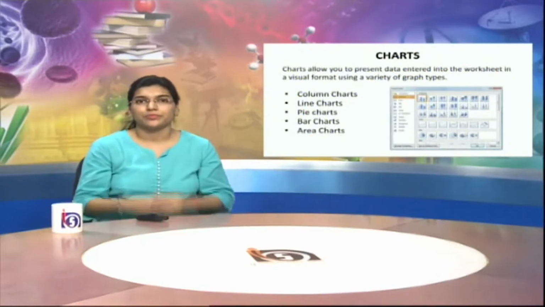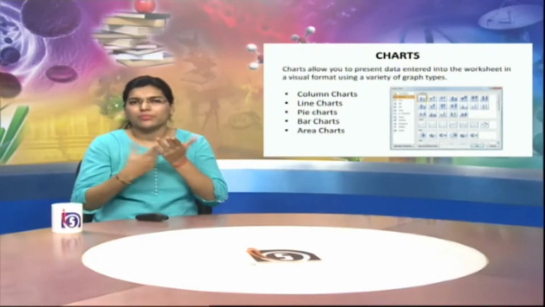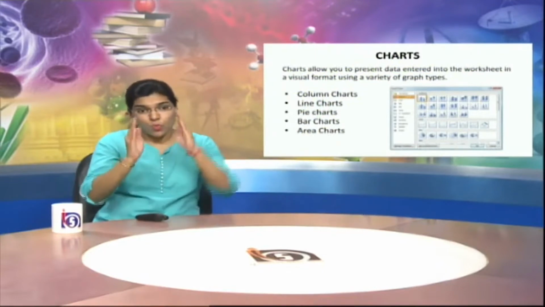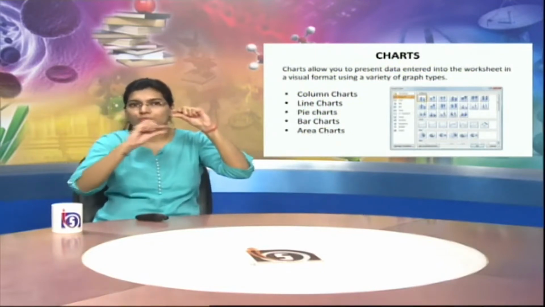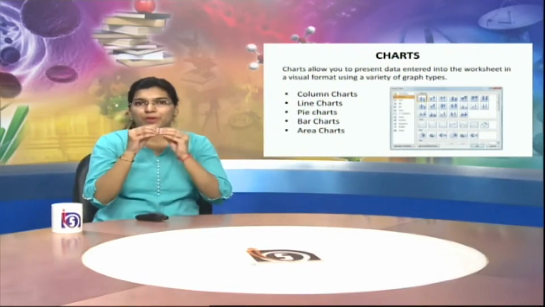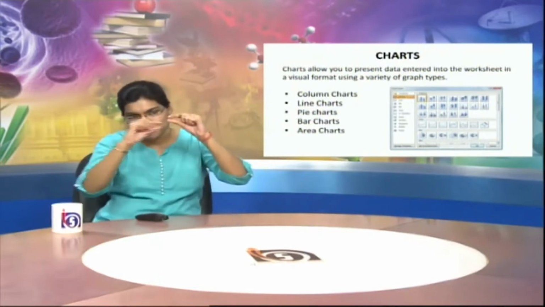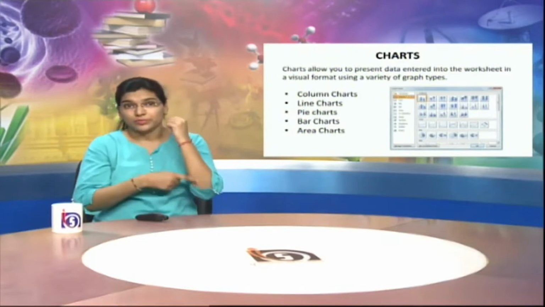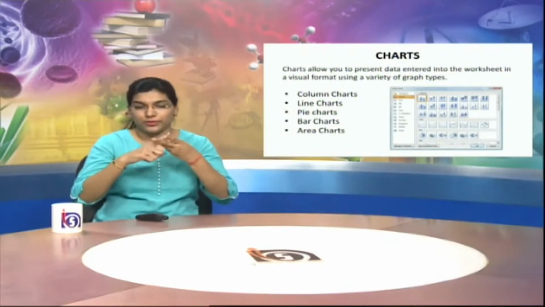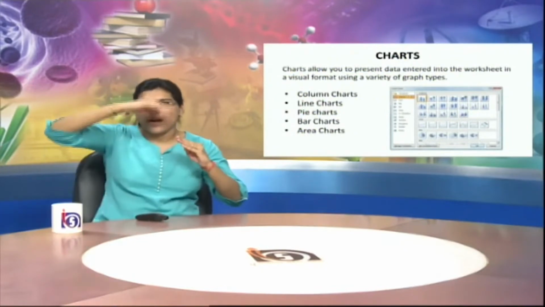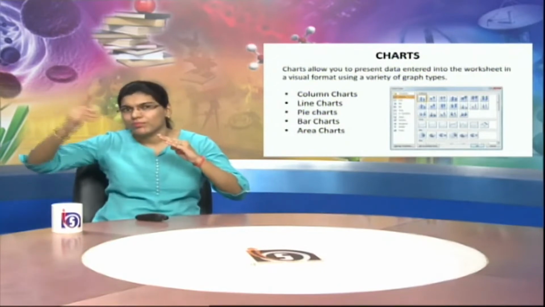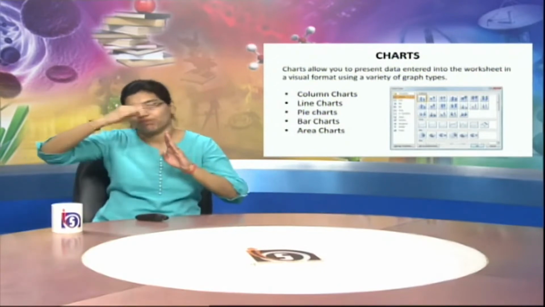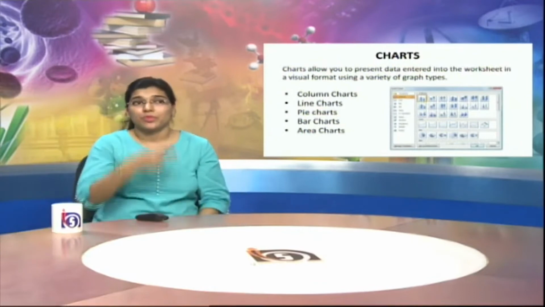The fourth is the bar chart. Bar chart is also horizontal and vertical. Then at last, there are area charts. It is in the form of mountains, like you may have seen different mountains.